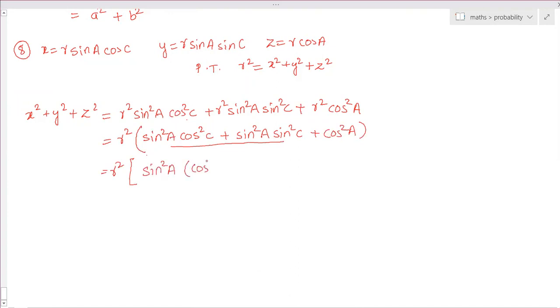So in the bracket it is cos square C plus sin square C, plus cos square A. So sin square C plus cos square C is 1. Therefore it is left as sin square A into 1, that is sin square A plus cos square A, into R square. So this is equal to R square into 1, which is R square.